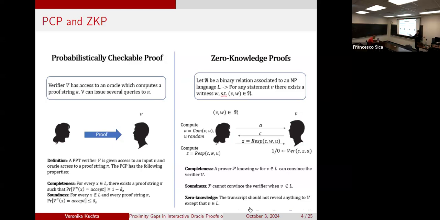The easiest example is the discrete logarithm, h equal to g to the x. Let's say h and the base g are public information, and x is what is secret, only known by the prover.